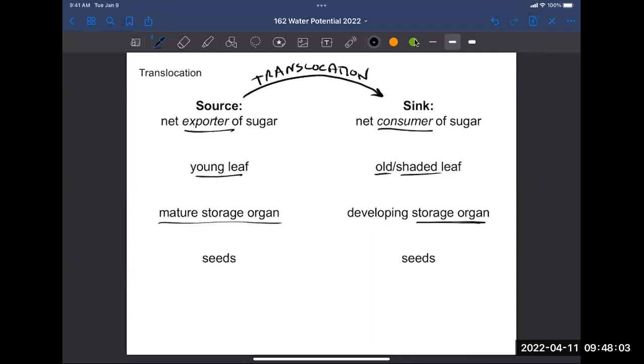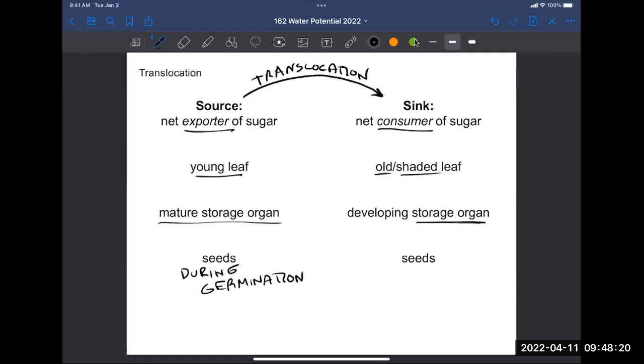I was going to have you think about this, but seeds, again, could go in either category. A seed during germination is a source of food for that little developing plant until it can start to photosynthesize on its own.